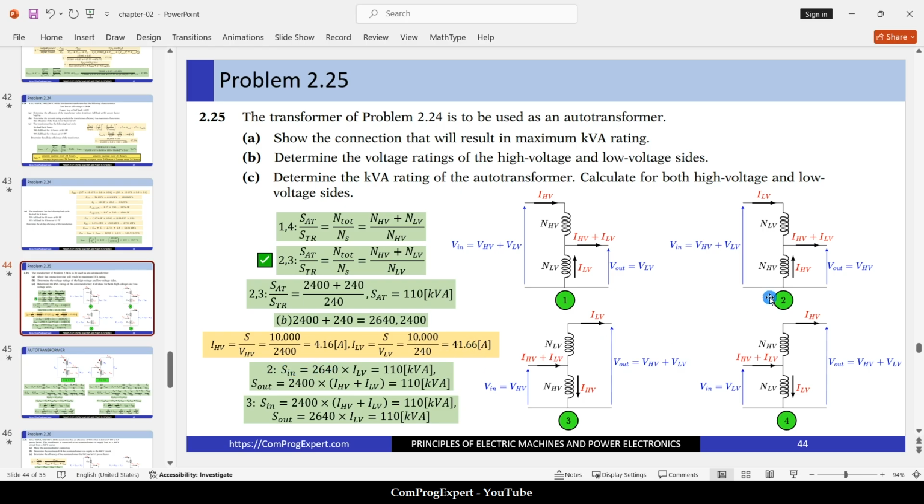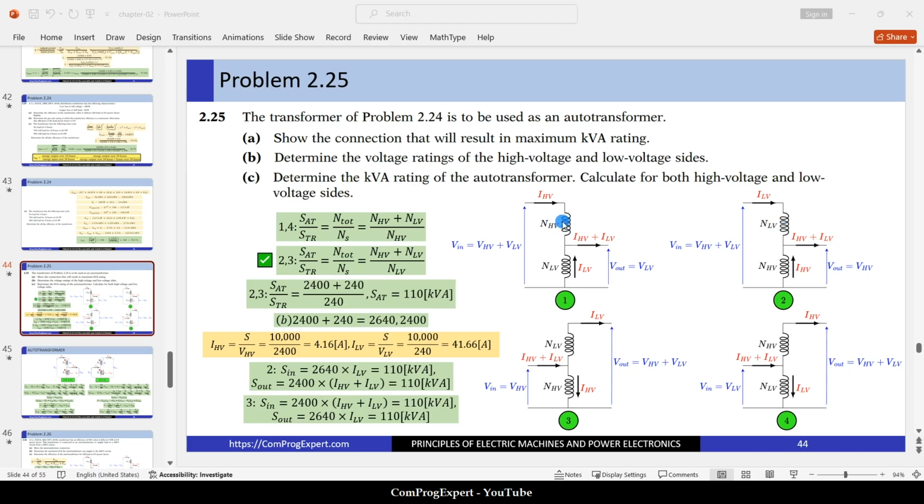For case 2, V in times I in is this voltage times this current, V out times I out, right? For both cases, we have 110, 110, 110 here. For case 3, you can see the value of the currents and voltages. So why is the current I_HV here and I_LV here?